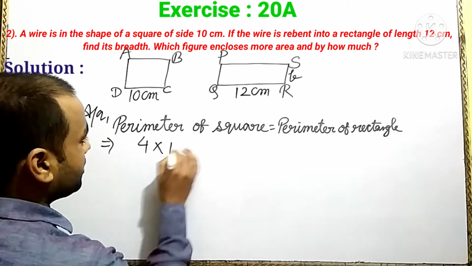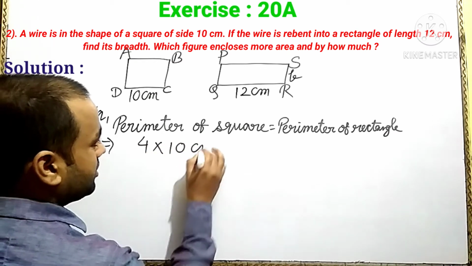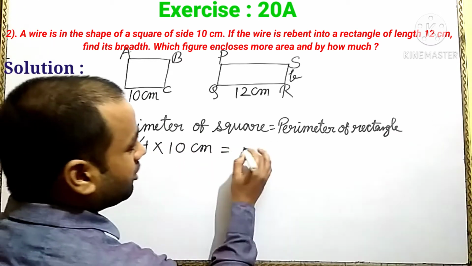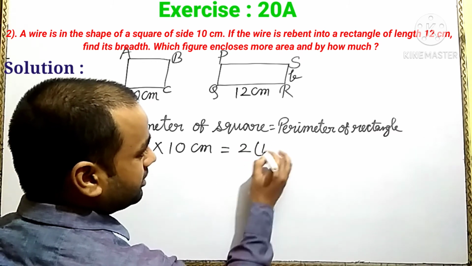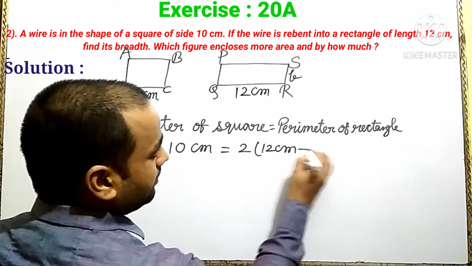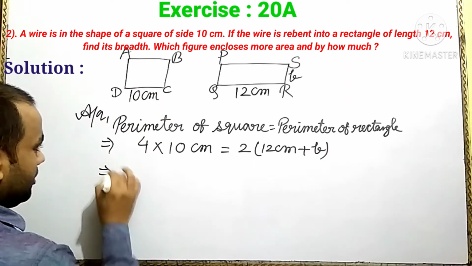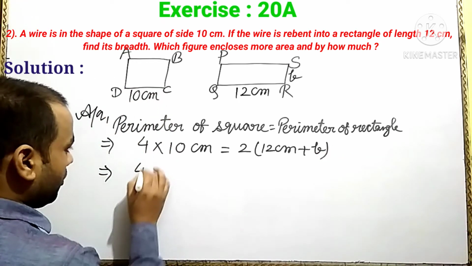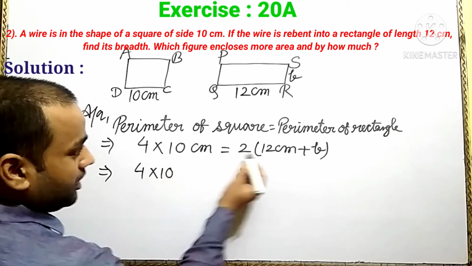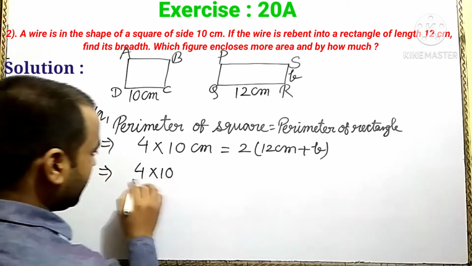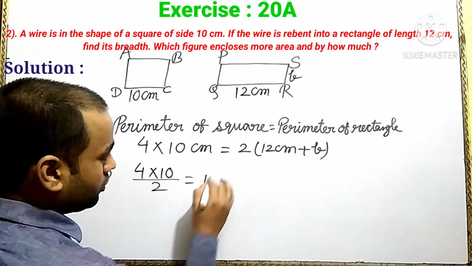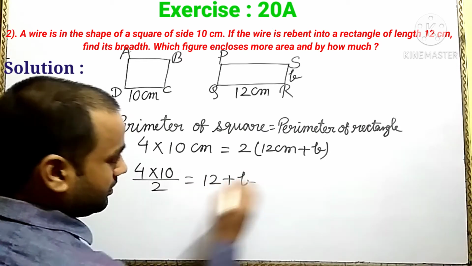Here the side given is 10 centimeter. Perimeter of rectangle is 2 into length 12 centimeter plus breadth. Breadth is not given. Here 4 into 10 is equal to 2 into 12 plus B.